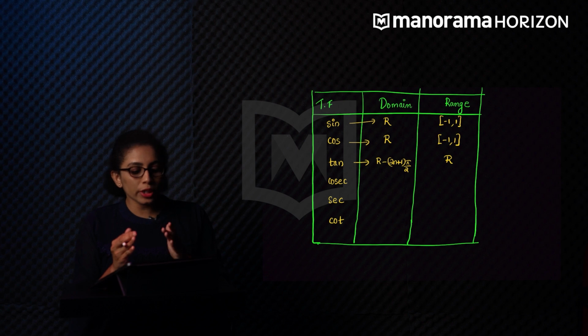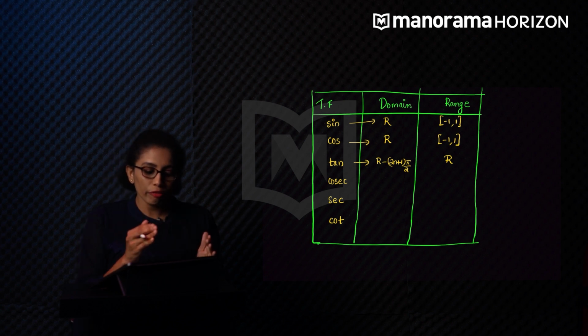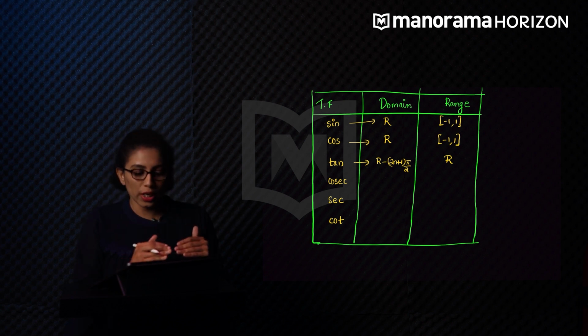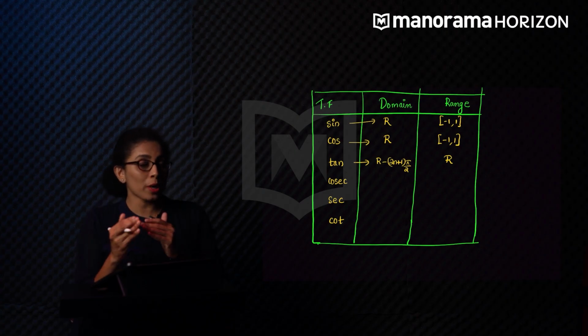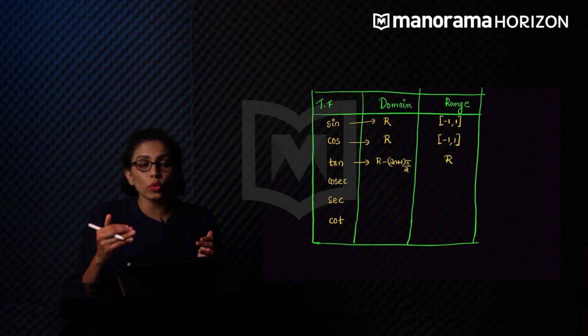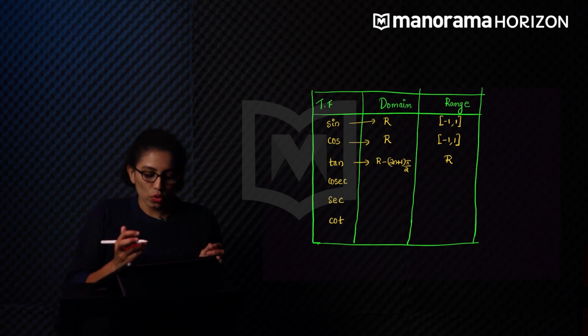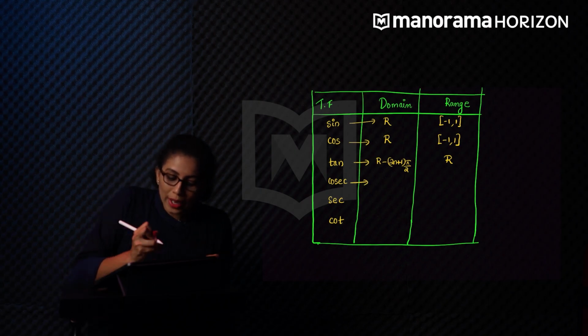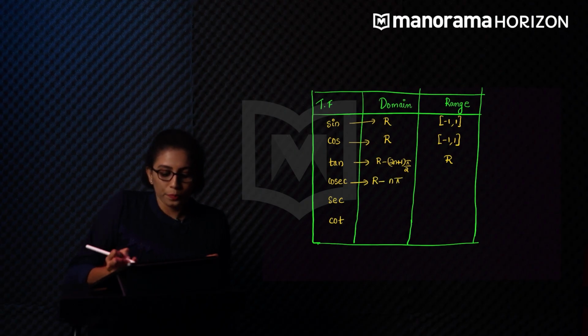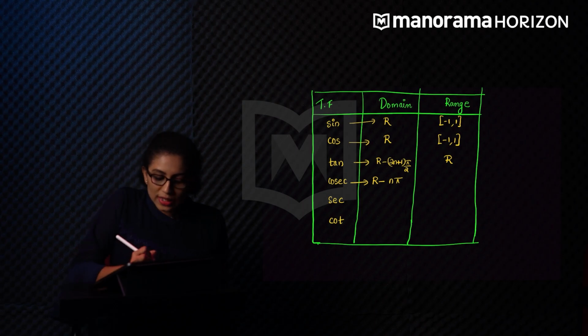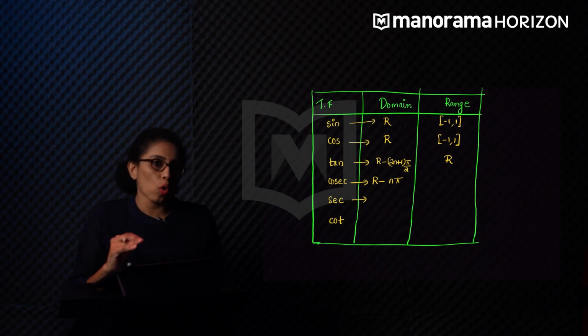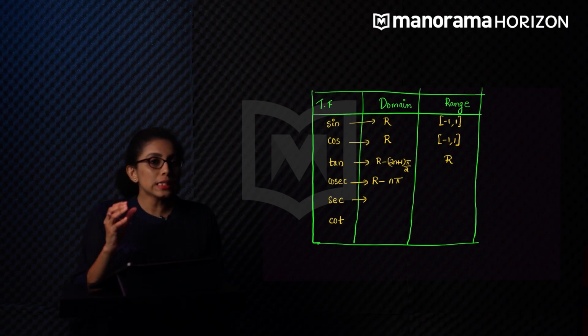Now, if you know the domain of sine, we can find the domain of cosec. How? Because cosec is 1 by sine. So, we have to exclude those values where sin x is 0. So, the domain of cosec will be R minus n pi. Alright. Now, what about sec? Sec is 1 by cos. So, we have to exclude those values where cos is 0.